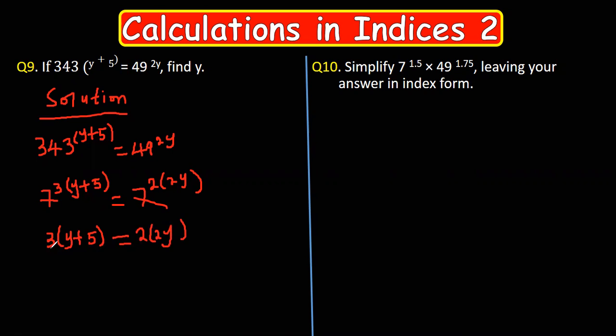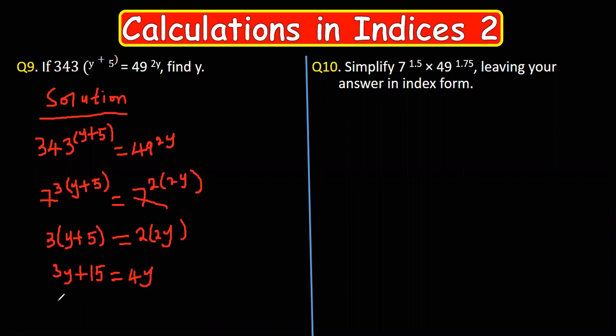So let's open this bracket. 3 times y is 3y plus 3 times 5, 15, equal to 4y. Again, we are just going to collect like terms here.